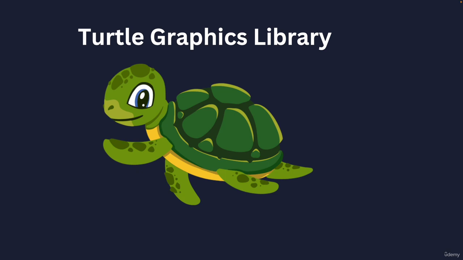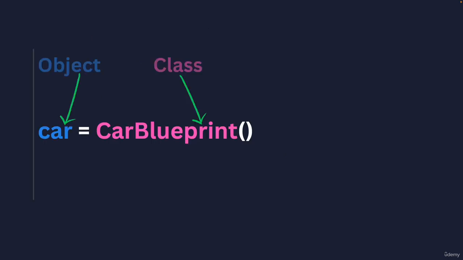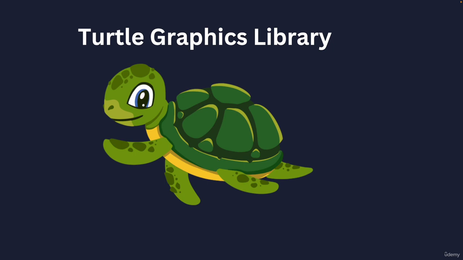And you can use those in your code without having to write any of it. It's ready for you to use, and you just start calling these. You create an object out of these classes, and you just start using it. And again, this Turtle library is pretty much a good example of it, which is going to help us understand this whole thing better.